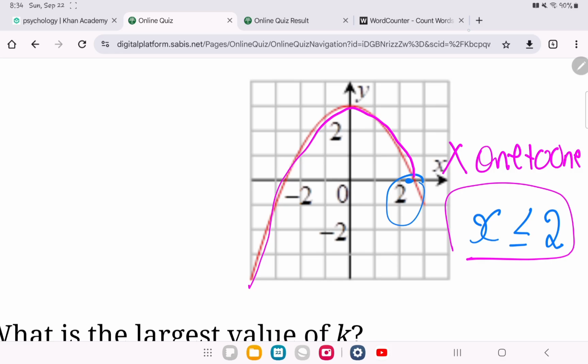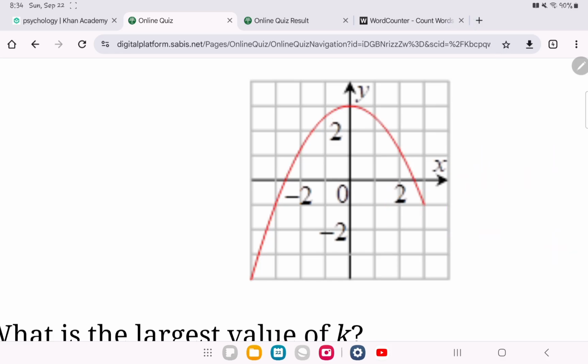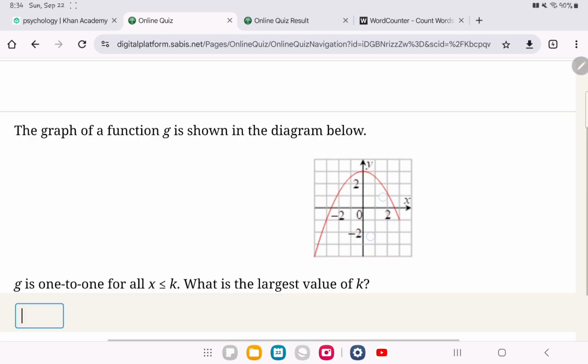But then if we chose 1, again, it's not going to be 1-to-1 because look, these two are on the same horizontal line. But then if we choose 0, and we take all numbers less than or equal to 0, then definitely it is 1-to-1. So the largest value of k is then 0.